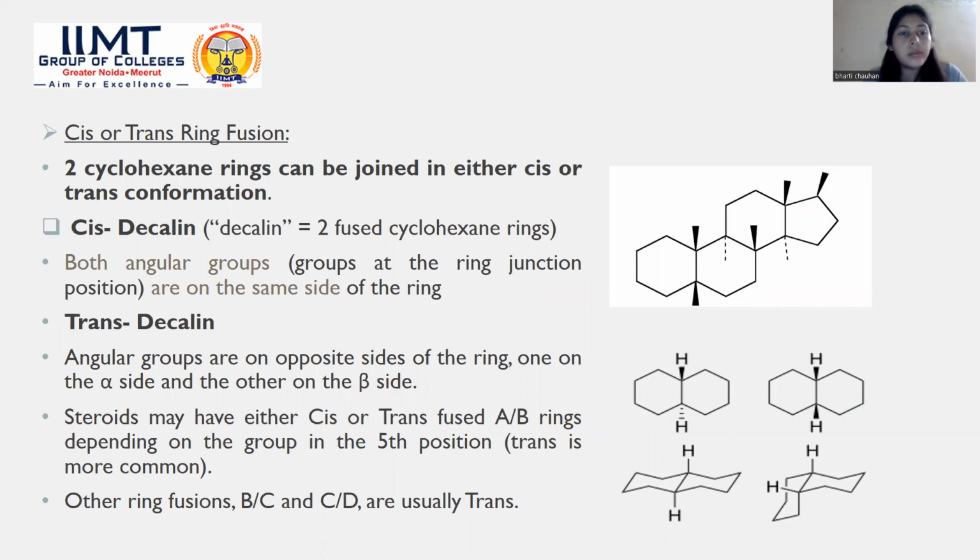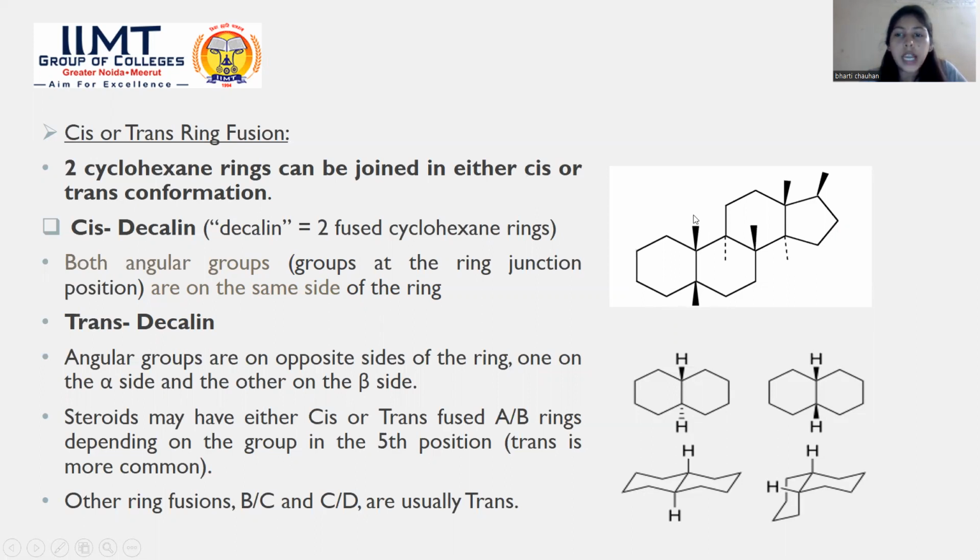Now we will talk about cis or trans ring fusion. Two cyclohexane rings can be joined in either cis or trans conformation. Cis decalin: decalin means two fused cyclohexane rings. Both angular groups at the ring junction are on the same side of the ring. What is the configuration here? Beta configuration.